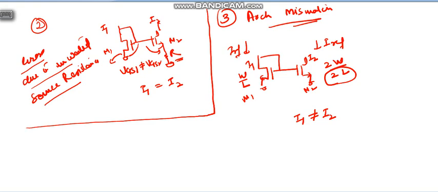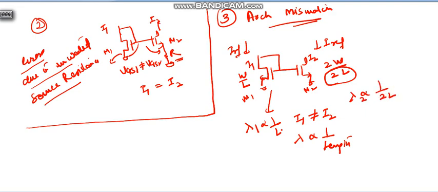But here again the lambda effect is coming because lambda is inversely proportional to the length of the device. For this case lambda is lambda 1 because it is L, and for this, say lambda 2 equals 1 by 2L. So for this lambda is small, for this lambda is large.